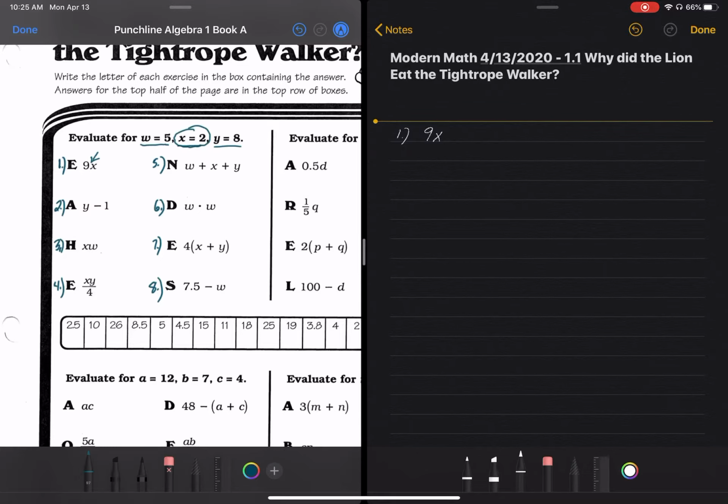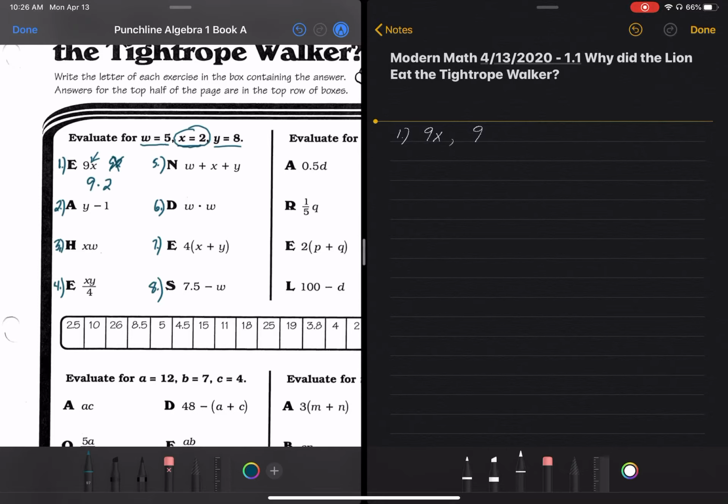And it says that x is equal to 2. So I'm going to rewrite this thing on the right. 9x, I'm going to change to 9. And then there's a 2, because x is equal to 2. Now, that is not 92. This is not 92, okay? That's wrong.